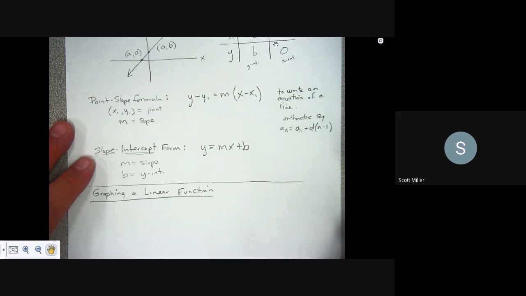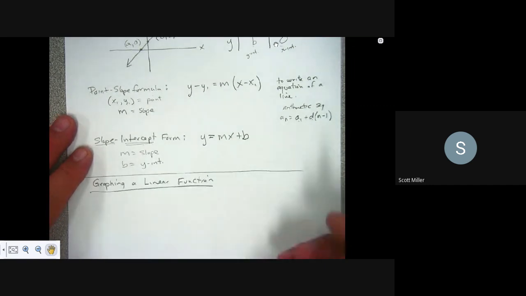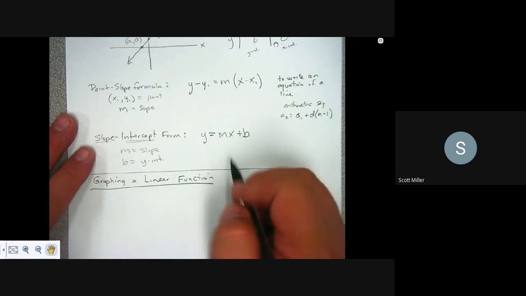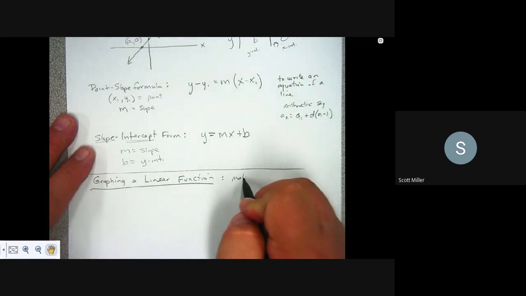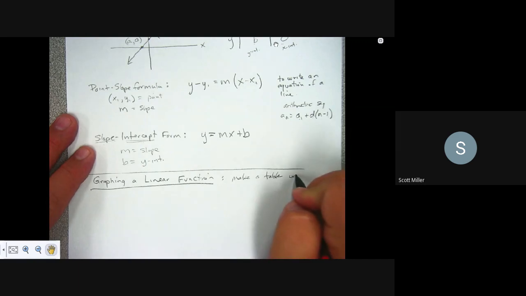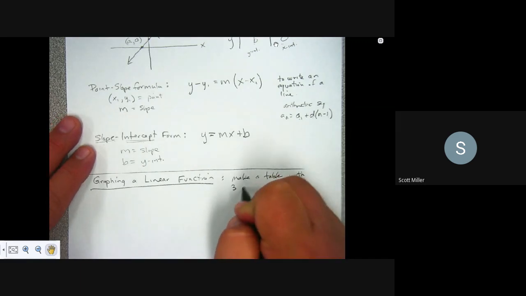You're going to get used to making a table. Since we do everything by making a table first, it shouldn't be that hard. You need to make a table with 3 points in it.